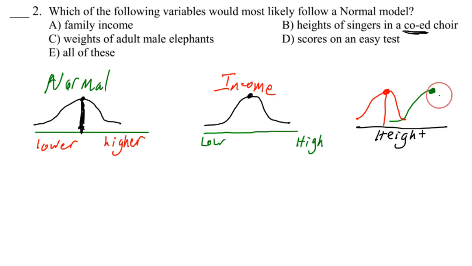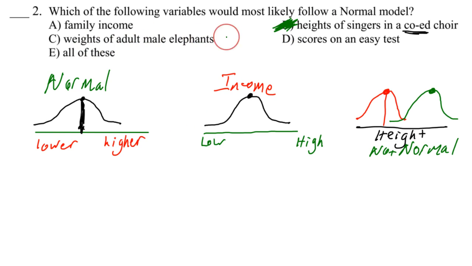If you take a look at the overall picture here, there's two humps rather than one hump. That means that height, so long as it's co-ed, is not normal. So we can go ahead and take B right off the table.